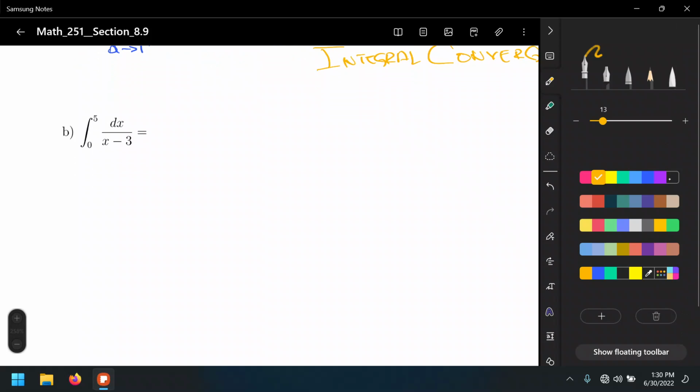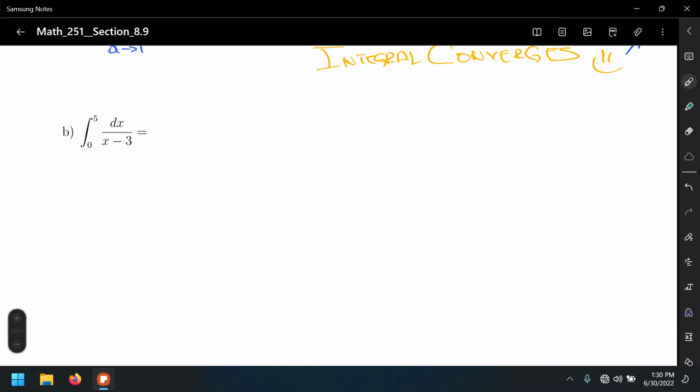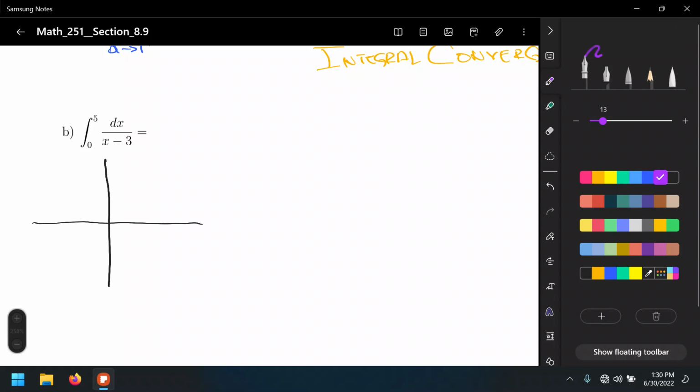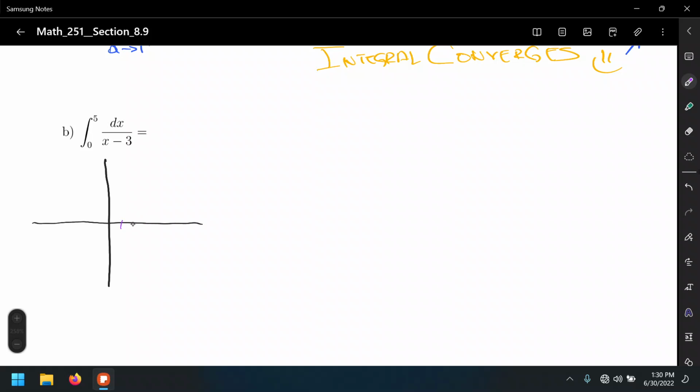And it's important to draw the graph. For this, let's go ahead and do the graph. So that's 1 over x minus 3. That's the reciprocal graph shifted 3 units to the right. That's 1, 2, 3. And yes, it looks like this.